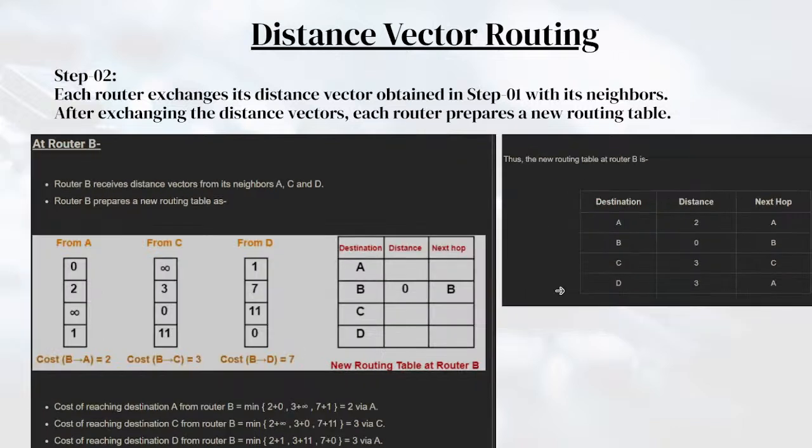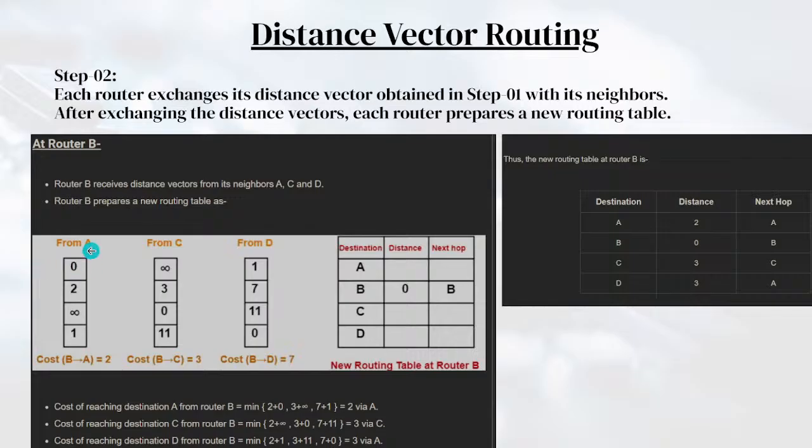Now we'll go with router B. For router B, we have the nodes A, C, D, which means we have connectivity from B to A, C, and D. So we are taking all the neighboring routers.